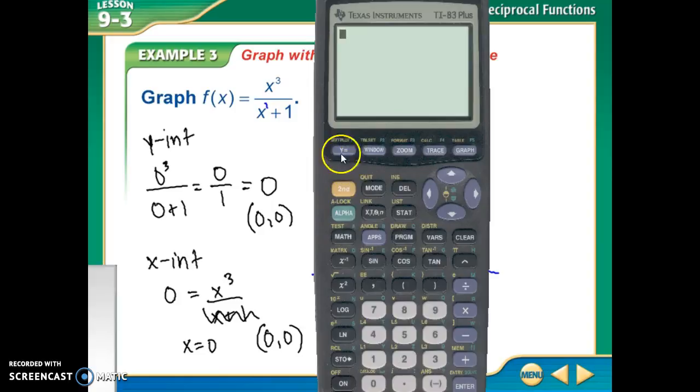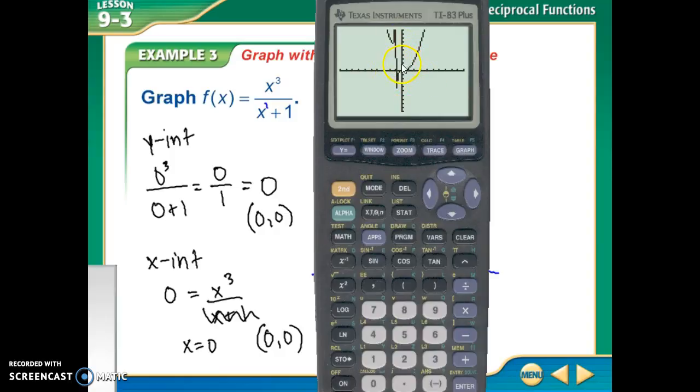In the calculator, I'm going to go to y equals, and I'm going to type in x cubed. You can press the caret 3 or press the math button, and that number 3 gets you a nice pretty cube. Divided by, now whatever goes on the bottom, put in parentheses. So I have x plus 1 because I want that whole thing on the bottom, not just the x. Then I'm going to go to my graph. I got this weird shape going on here, but that just means your calculator can't graph asymptotes.